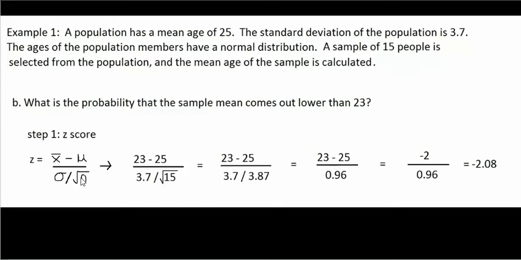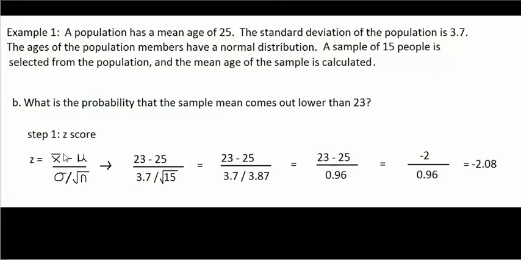So we have this z-score formula for a sample mean. We take our sample mean of 23, and it goes into x bar. So x bar is sample mean. That's a symbol for sample mean. So just a data value like a height is x, but x bar is sample mean. So 23 goes right there.